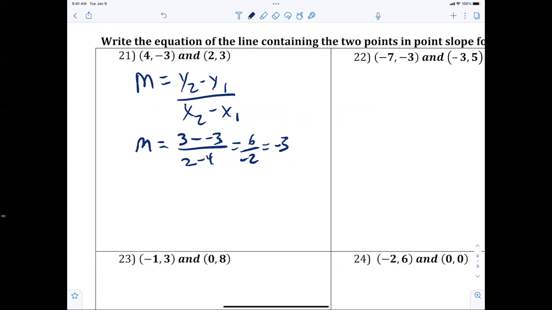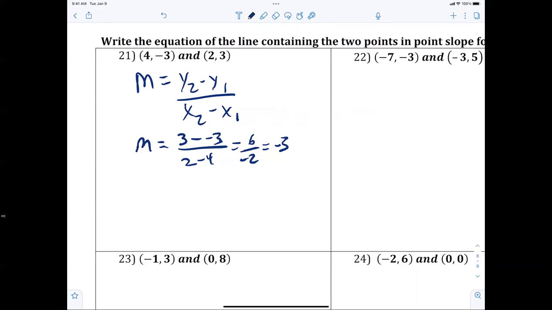Change in Y over change in X. Now we can continue because Ava realized X is the first one and it was change in Y over change in X. 3 minus negative 3 is positive 6. Okay, now please finish up for us.